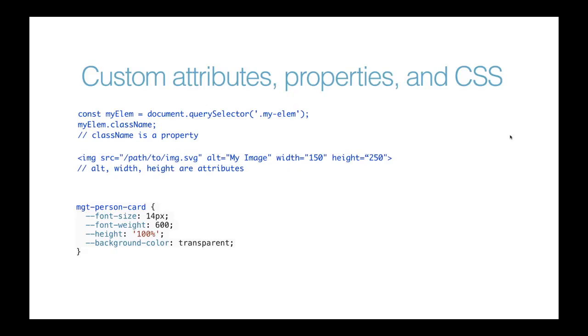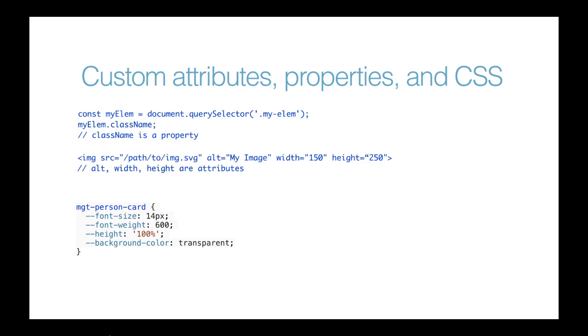So moving on. I kind of briefly touched on this earlier. For customizing your own components, a couple things you could do are attributes, properties, and CSS. If you're not familiar with the HTML styles of calling these things, if you look at the examples down below, when you're using JavaScript and selecting your element by giving it a class name, the class name would be a property.